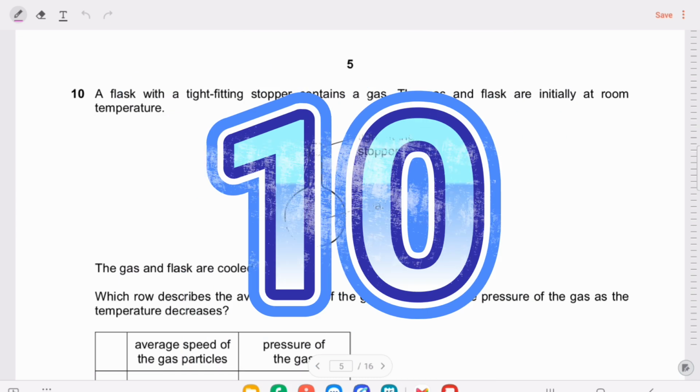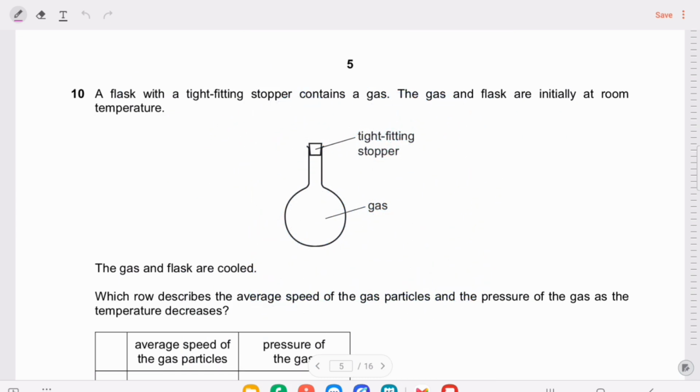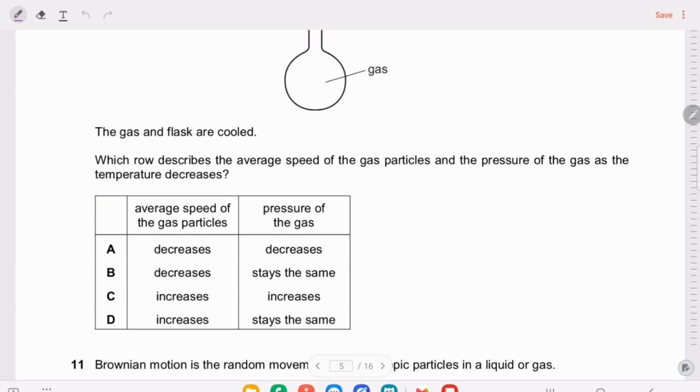A flask with a tight fitting stopper contains a gas. The gas and flask are initially at room temperature. The gas and flask are cooled. Which row describes the average speed of the gas particles and the pressure of the gas as the temperature decreases? Let's analyze this situation.